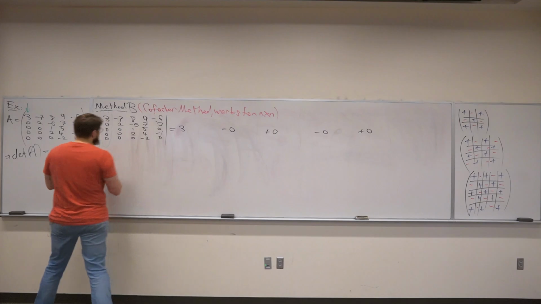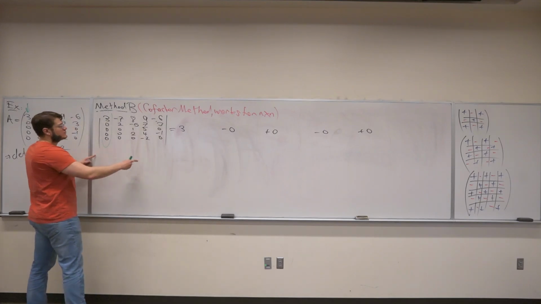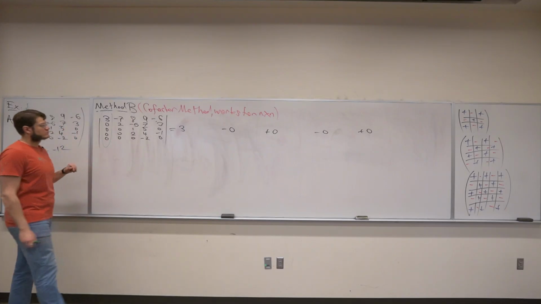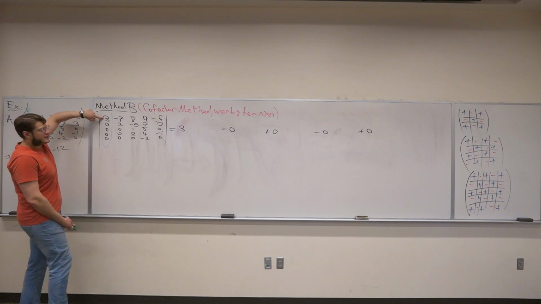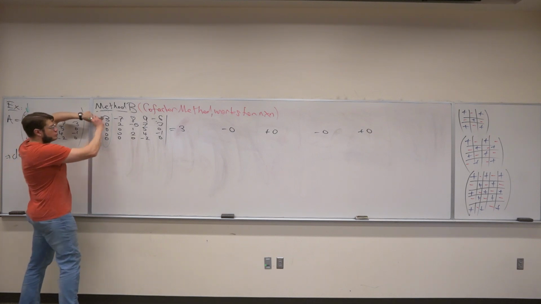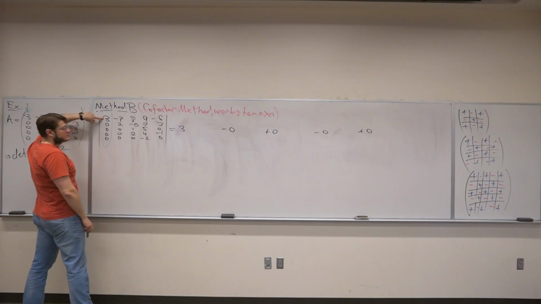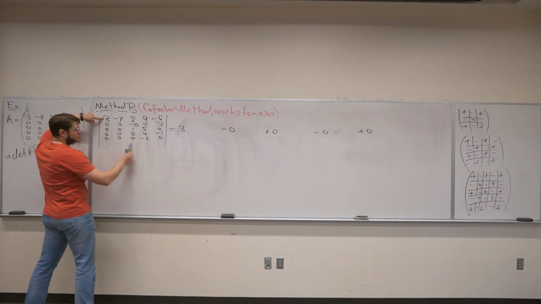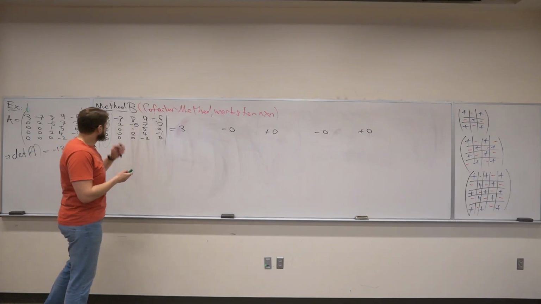Okay? These are all numbers, and each of these you're going to multiply with the remaining 4 by 4. What do I mean by that? Next to 3, you burn the same row, and you're always burning the column you chose. Now you're left with this 4 by 4. And so next to 3, you're going to have the determinant of that 4 by 4.